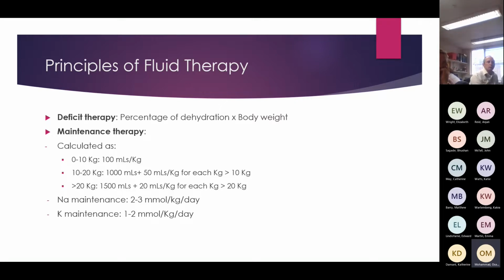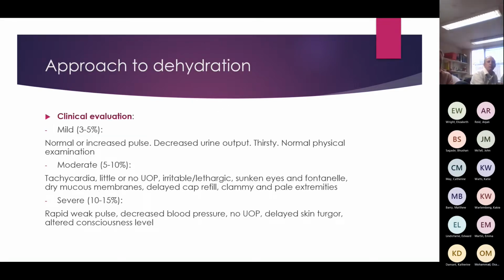So in our approach to a case of dehydration, for example, the first thing that needs to be evaluated is the percentage of dehydration, and by far the most reliable method is the clinical evaluation. So it's classified into mild, moderate, or severe according to the symptoms or signs that the child exhibits.